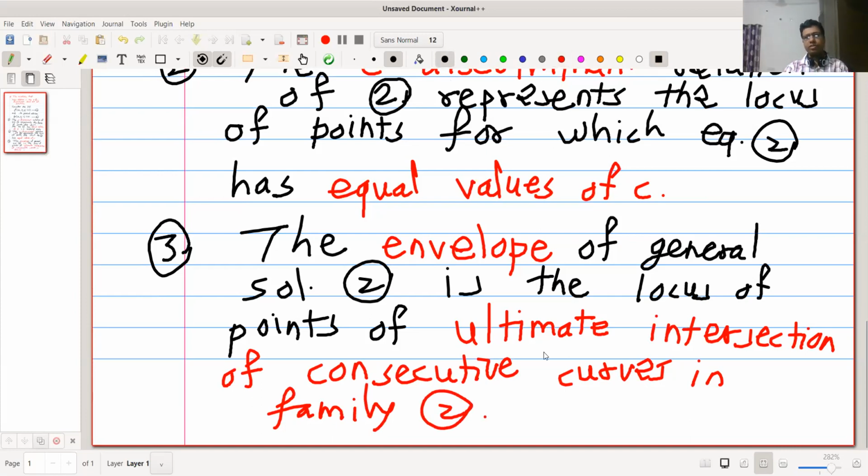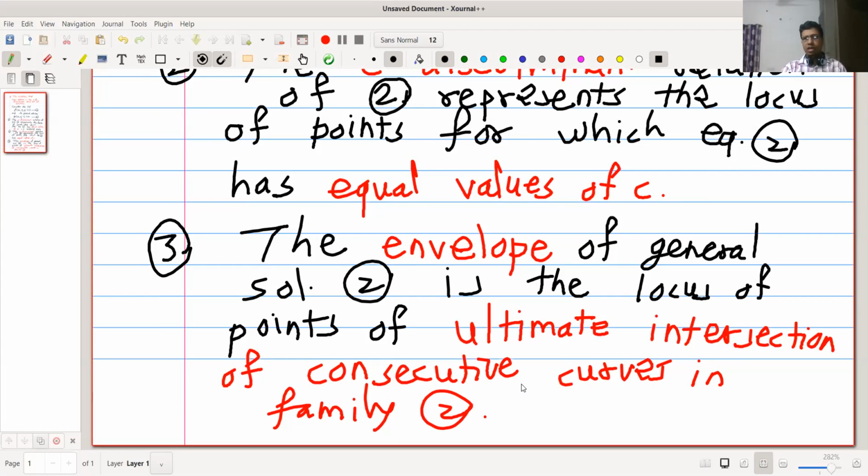That means we consider family 2, and for different values of C we get different curves and they will have intersecting points. If we consider consecutive curves and their intersection point, then the limit of such point will be envelope.